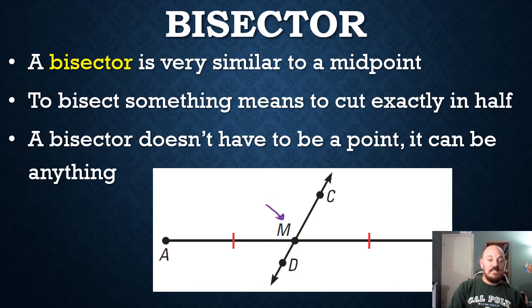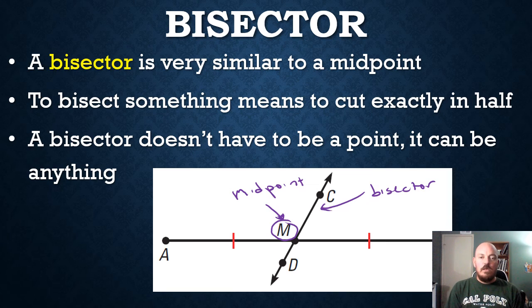So the point M is the midpoint. The whole line itself, line CD, is the bisector. But you can answer the same types of questions about them. Either way, what it's doing is it's cutting AB into two congruent pieces. See, this piece is marked congruent to this piece, just like the midpoint.